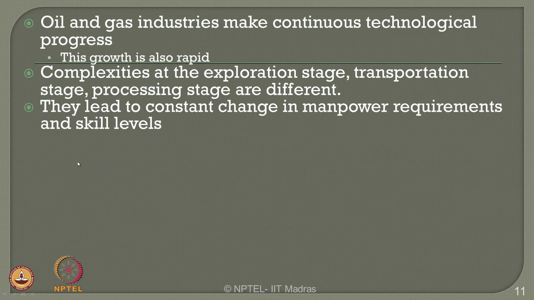All of them therefore lead to a constant change in manpower requirements and skill levels. So, there is a demand for constant updating of training for skilled manpower, which is available very rarely in the oil and gas industry, and therefore the manpower requirements and skill levels are on an increasing demand, and that is one of the important challenges where safety training becomes important in oil and gas industries.